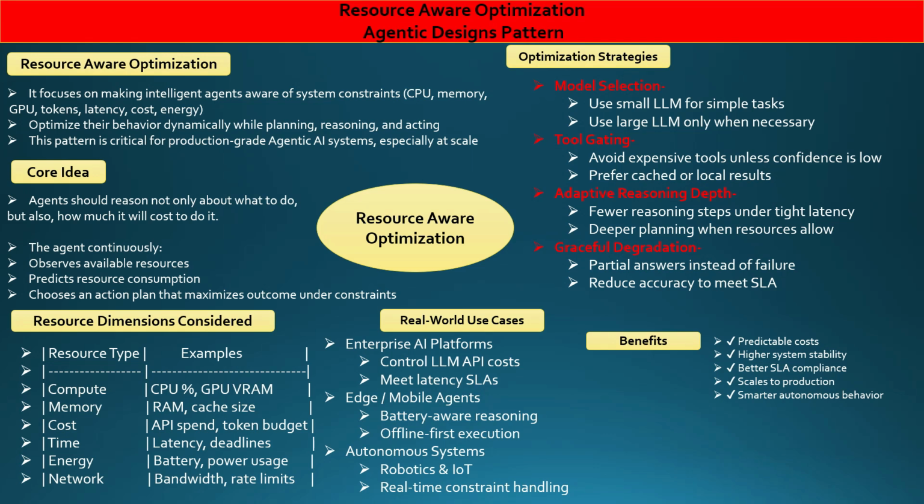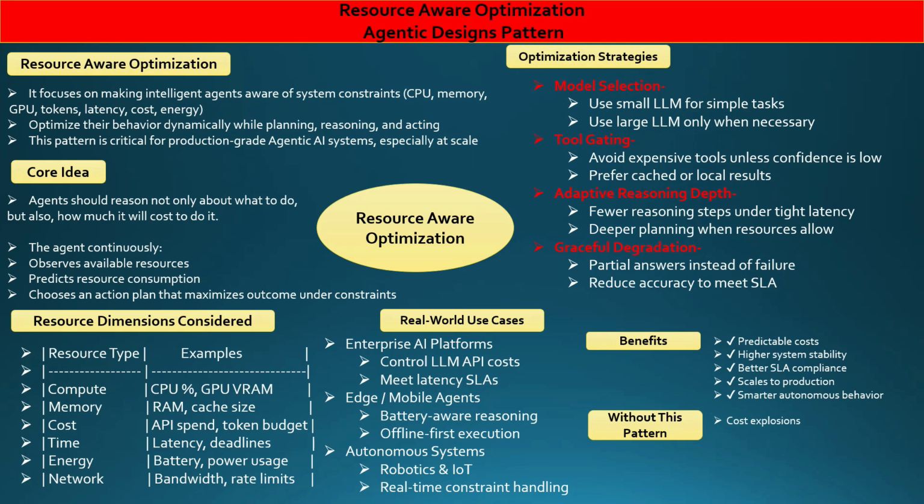What will happen if we go without resource-aware optimization? When agents are not resource aware, they behave like naive problem solvers. They focus only on completing the task and ignore real-world constraints. At a smaller scale this looks fine, but at production grade it causes problems.